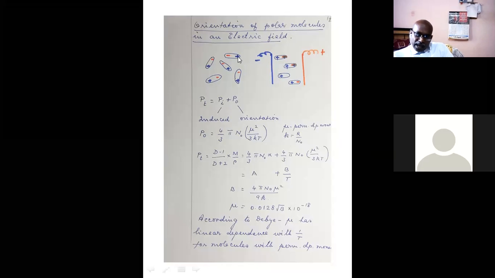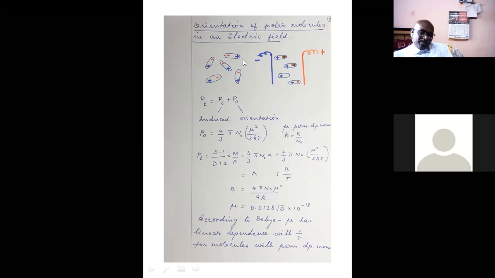In the absence of the electric field, the separation is 1 millimeter; in the presence of the electric field, it will be 1.5 millimeter. In the previous case, when the molecule did not have a permanent dipole moment, the separation was 0, but in the presence of the electric field, the separation was, let me say, 1 millimeter. But here the separation is already 1 millimeter, and in the presence of an electric field that will further increase to 1.5 millimeter or so.